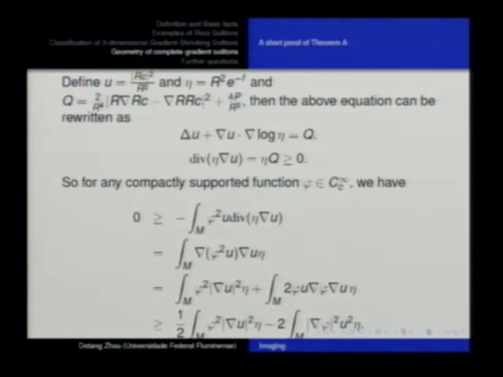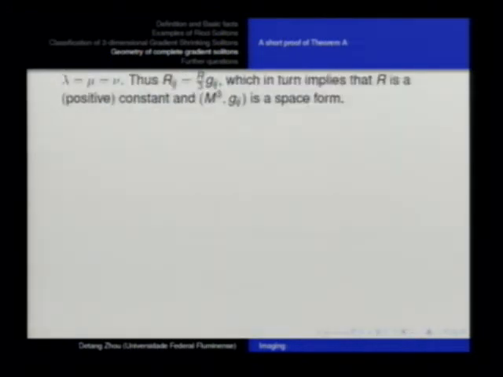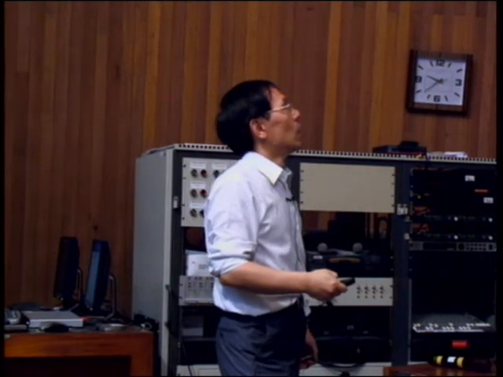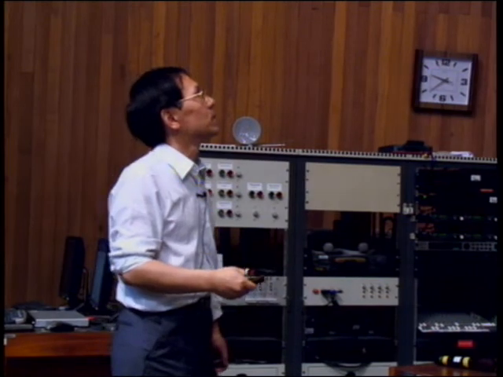So you just analyze the cases. You can prove that all the three terms are equal, or one is 0 and the other terms are equal. So you can get a classification of the three-dimensional shrinking solitons. So the proof can be simple.